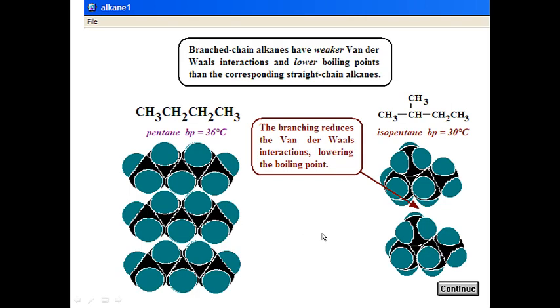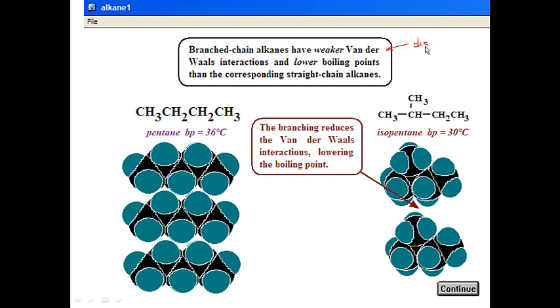And so in order to look at this, we have to look at the molecular shapes of these alkanes. So let's do that with pentane, the straight-chained hydrocarbon, and isopentane. Now, this slide I'm using is about 20 years old, and so I call them van der Waals forces. That term has fallen out of vogue.